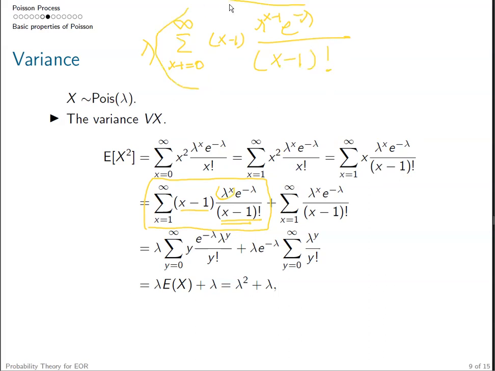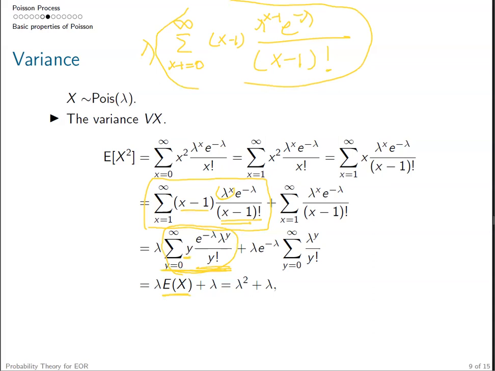If we look at this one, and let's denote y as x minus 1, this is the result we have. And this is exactly the formula we use to calculate the expectation of y, right? Y times the probability of x equal to small y. Okay, that is the first term, which is equal to lambda times the expectation of x.